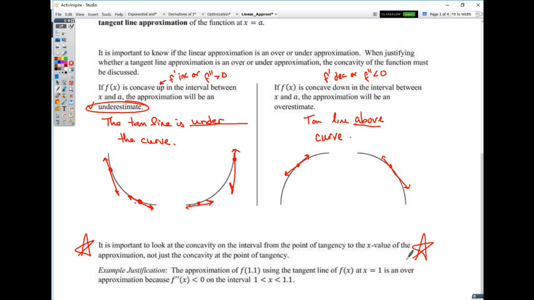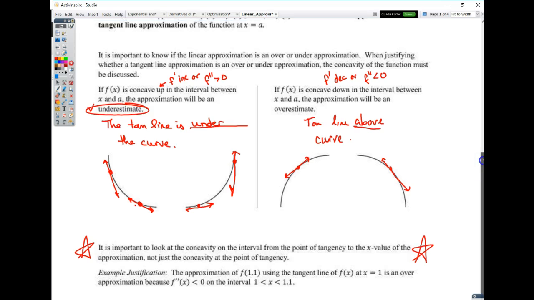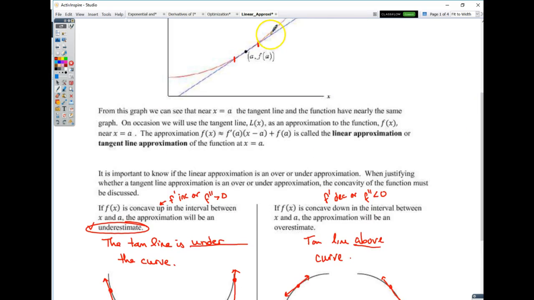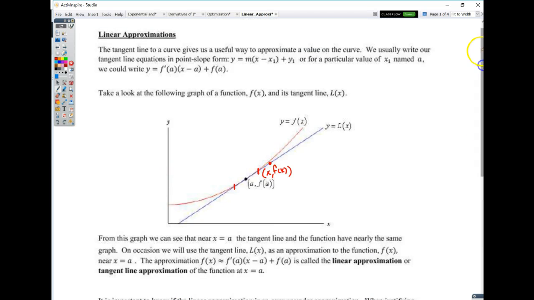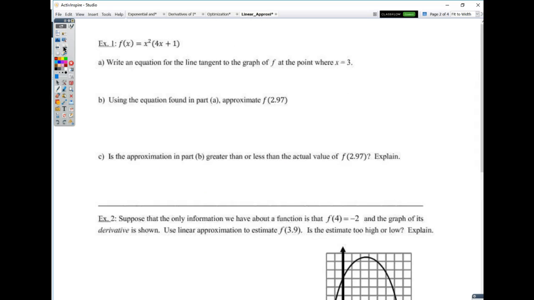What we want to do is make sure that the region between the point a and my evaluation point, let's call this x, f of x, has the same concavity between a and x. It's kind of weird when you talk about that. I'm going to look at the first example, and then hopefully that will make a little bit more sense.